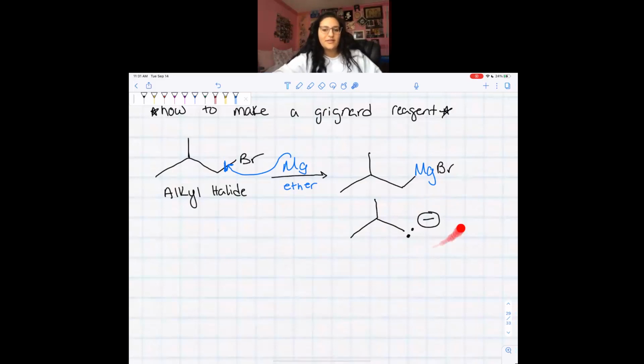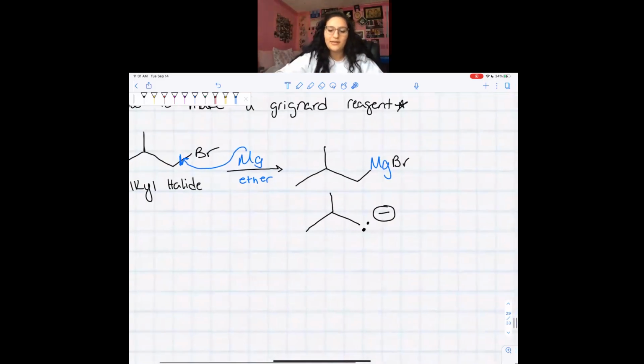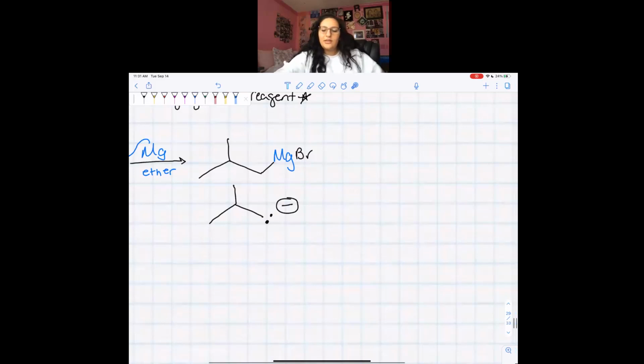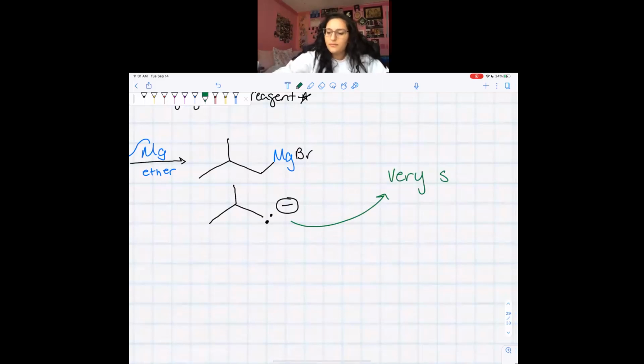It's negative. It's really sad by itself. It wants to make a new bond, right? It doesn't want to be single and all alone. So this guy is actually going to be a very strong nucleophile, and it can also be a very strong base.